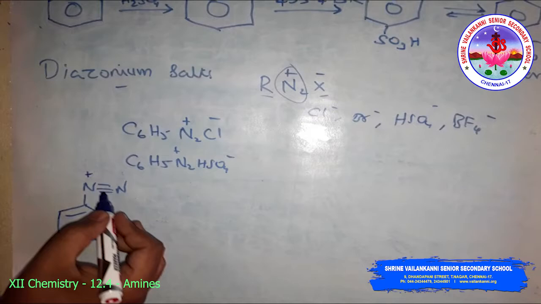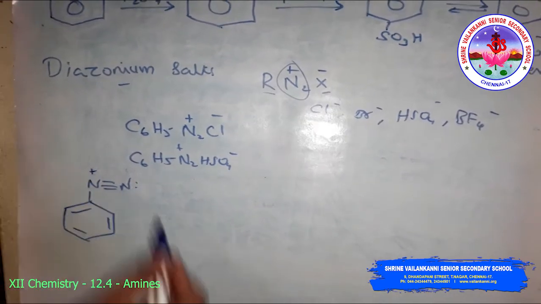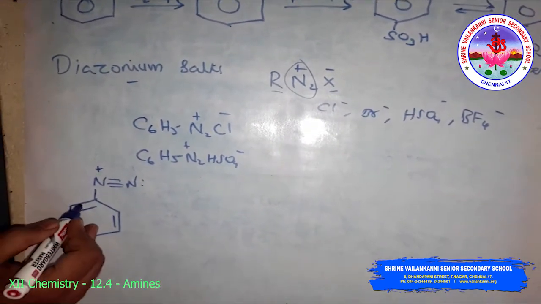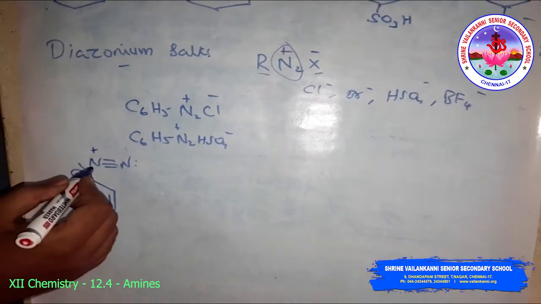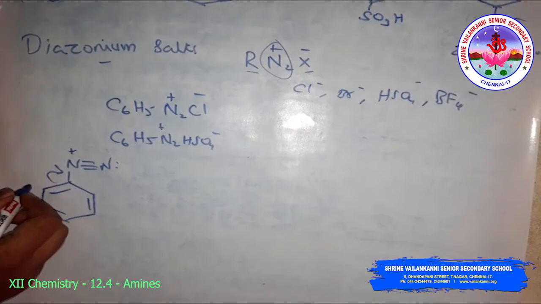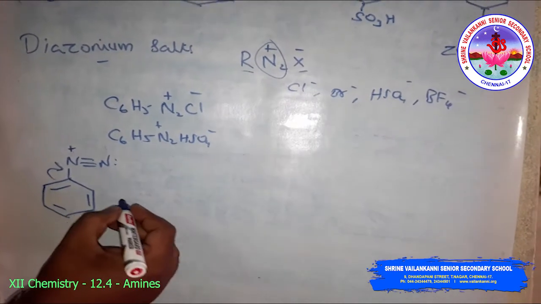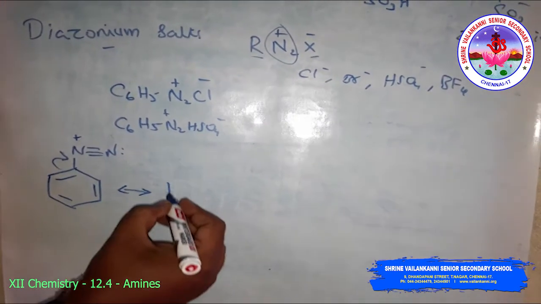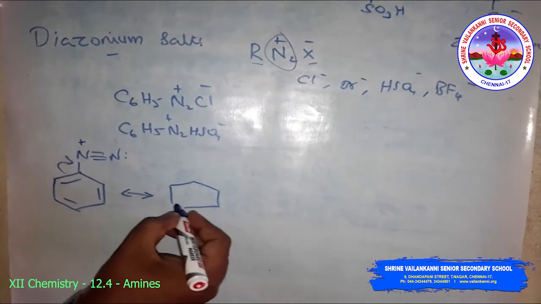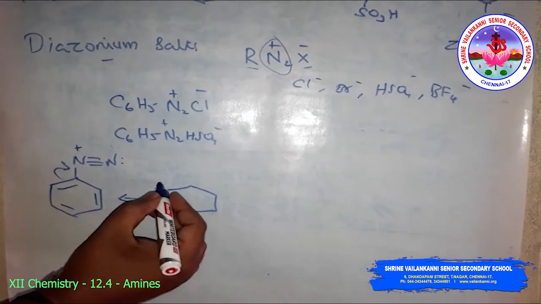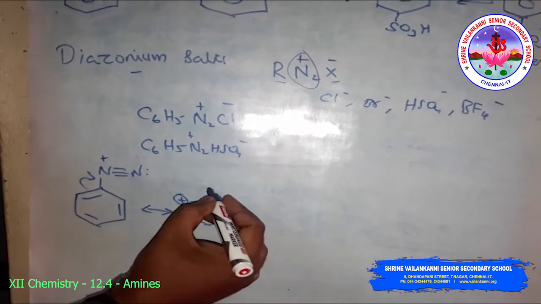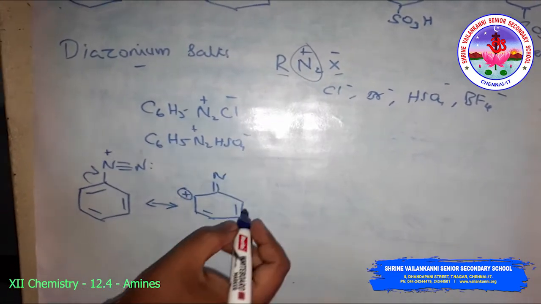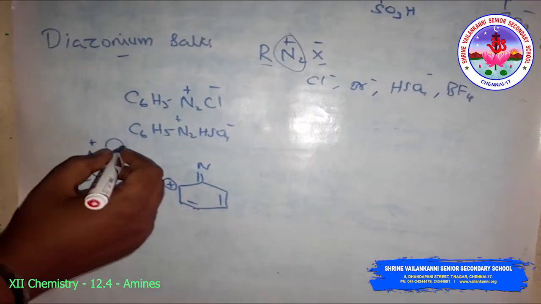Then again this positive charge is stabilized by this bond, so that you will get the next resonating hybrid. Positive charge is created here, and N double bond N, here the positive charge, and here this nitrogen also has the positive charge.